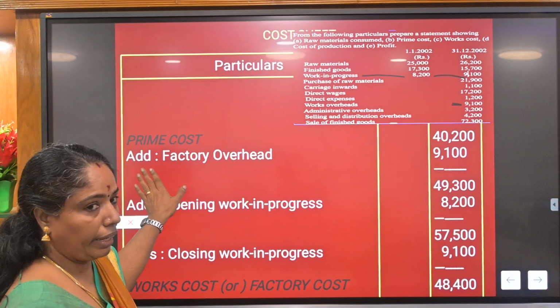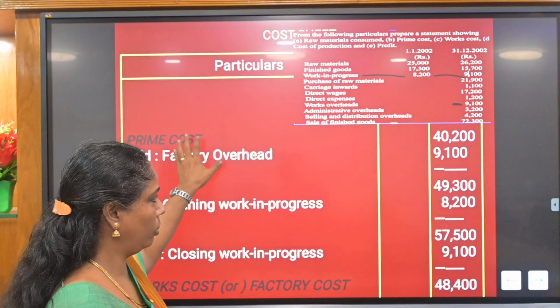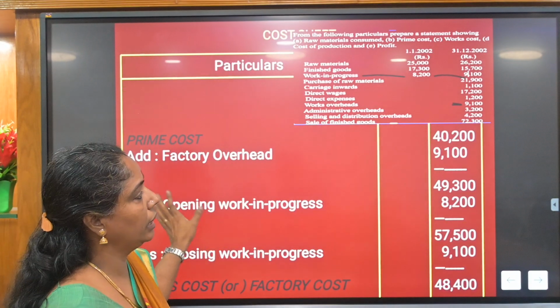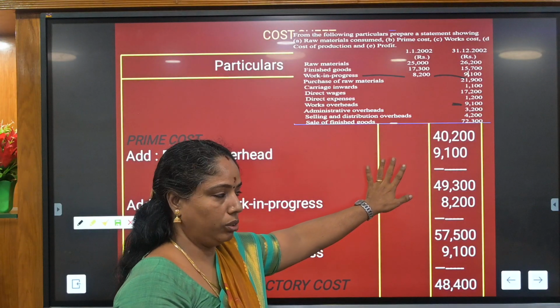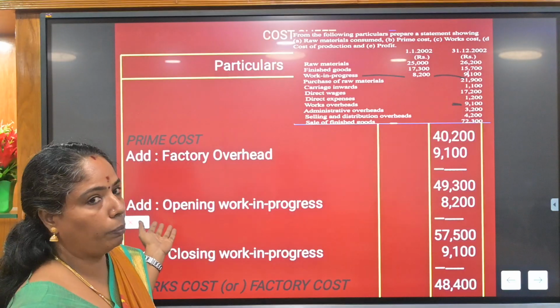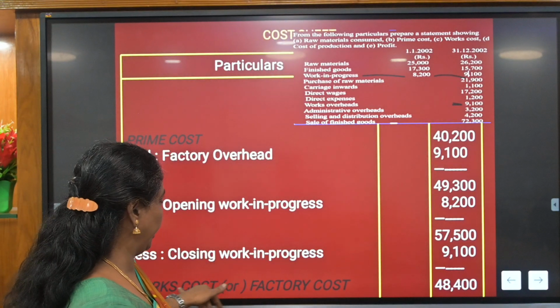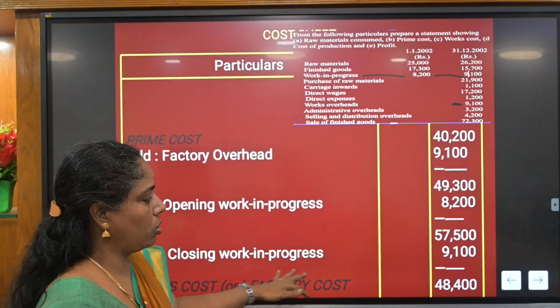Again I am repeating, any information related to factory overhead, if given in the sum, we have to calculate all these things and put the answer in the inner column, then transfer it to the outer column, then make adjustments with the opening work in progress and closing work in progress. After deducting, we get works cost or factory cost.